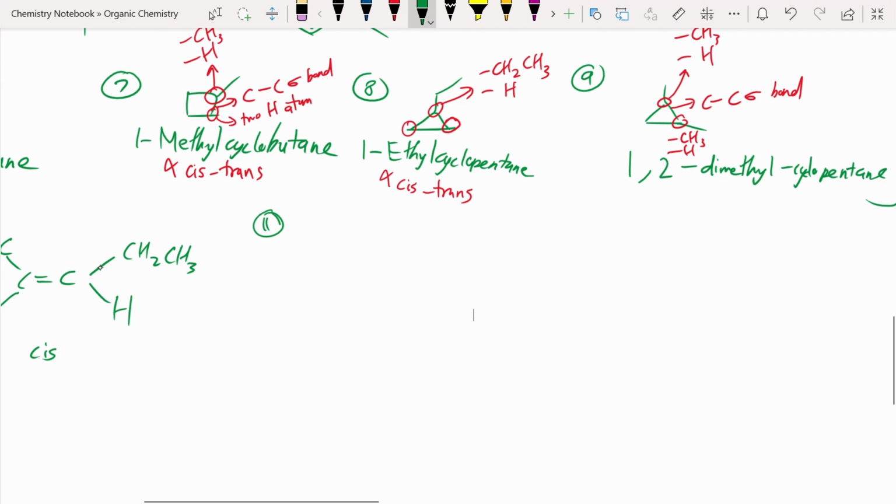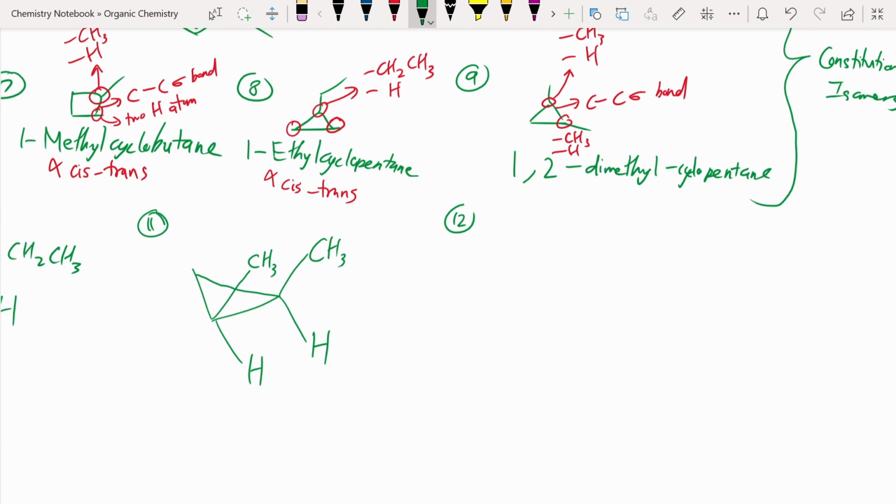So 11, there will be a CH3 here and a H at the bottom, a CH3 here and a H at the bottom.